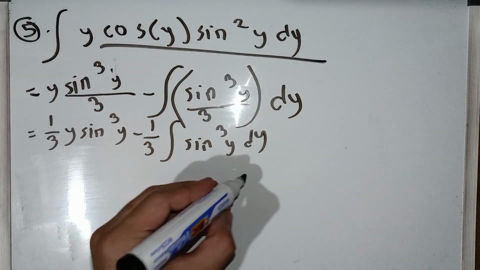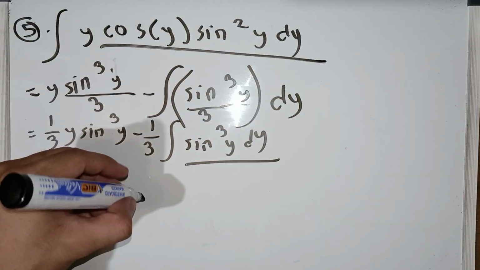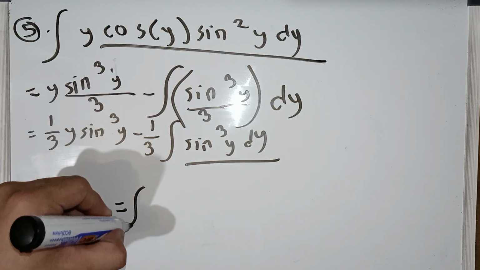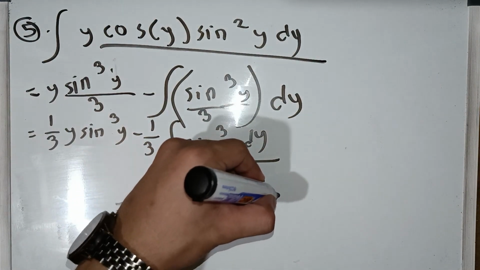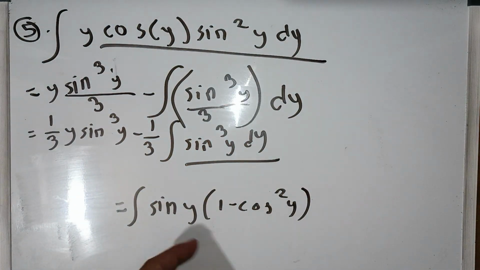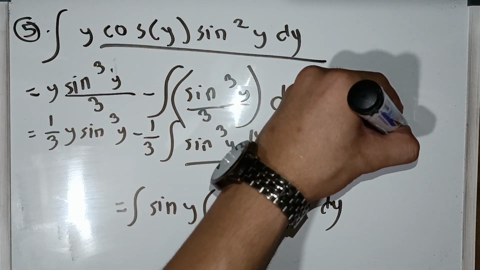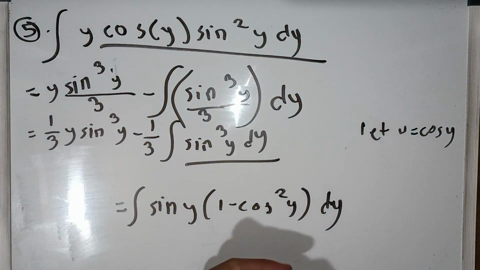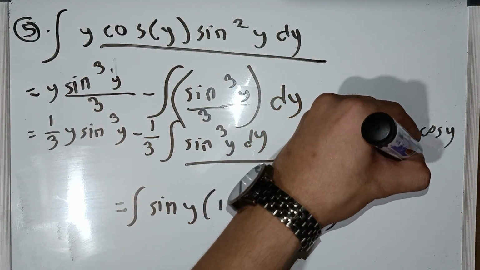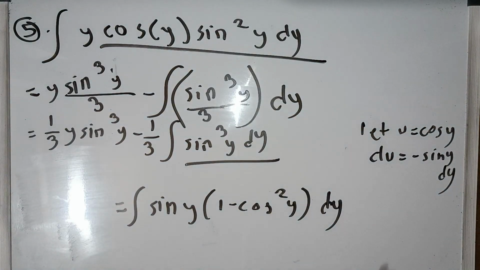In this part, we can use our type 1, which is equal to the integral of sine y multiplied by 1 minus cosine square y dy. So let this be equal to our u. Since we have now the u, let's get the derivative of this, and we can now get rid of the sine y dy.